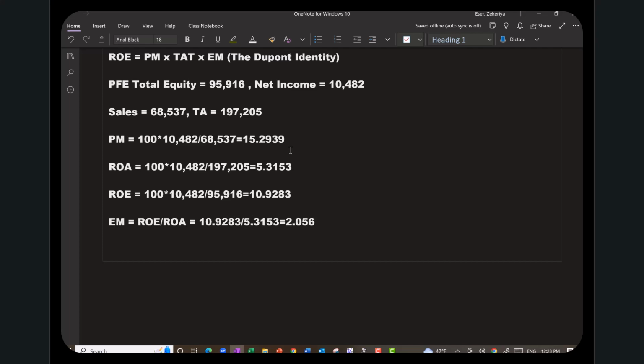So given this, if I ask you what is the debt equity ratio for Pfizer, what would you say? Remember, debt equity ratio is EM minus 1. Okay? So they have a debt equity ratio of 1.05. Again, I leave it as an exercise to you to do these for Eli Lilly.